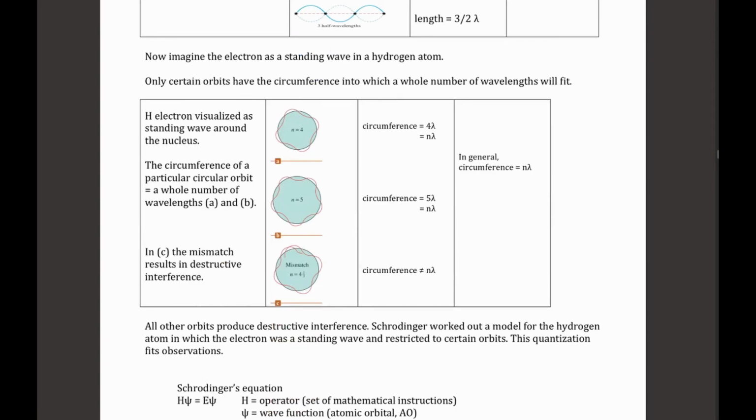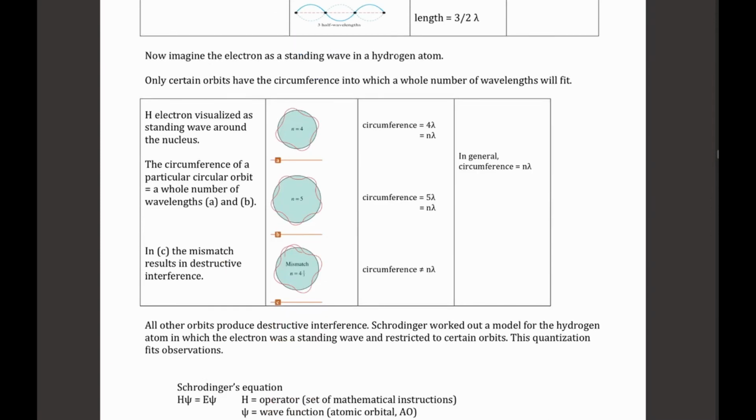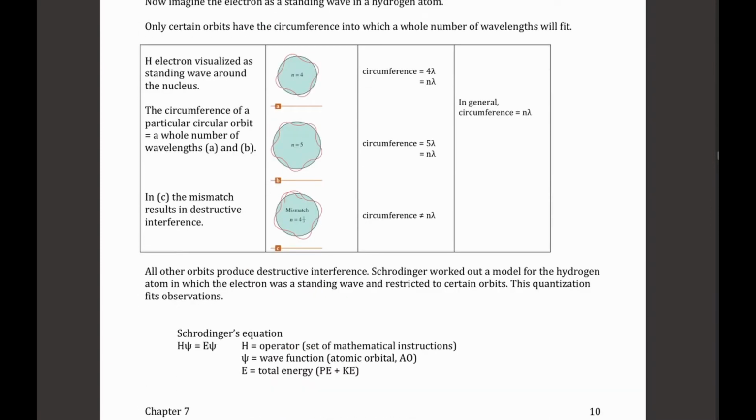Now imagine the electron as a standing wave in the hydrogen atom. Only certain orbits have a circumference into which a whole number of wavelengths will fit. That is, if we pluck that guitar string at a place where it can't set up a standing wave, a wave that can travel back and forth, that is multiples of 1/2 wavelengths, it's going to die out very quickly.